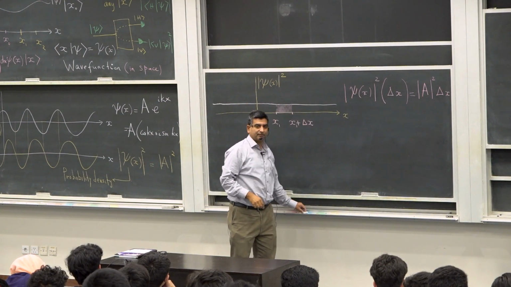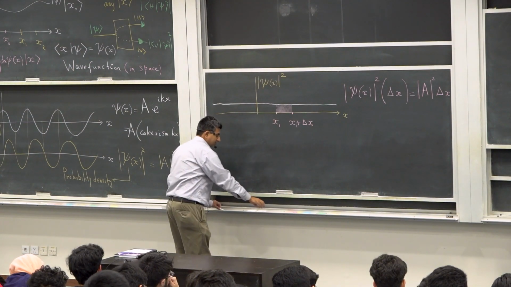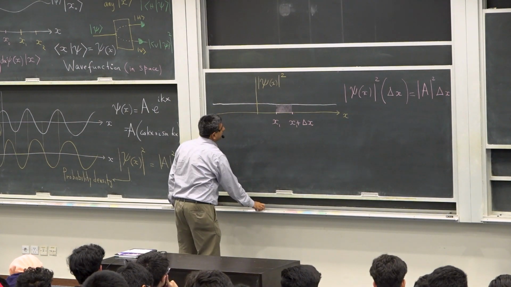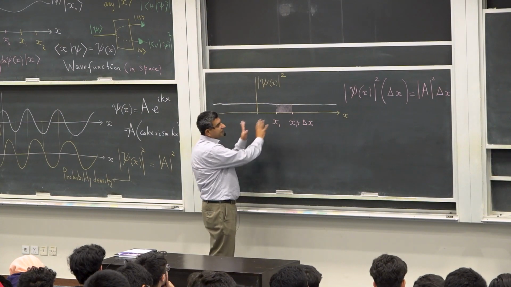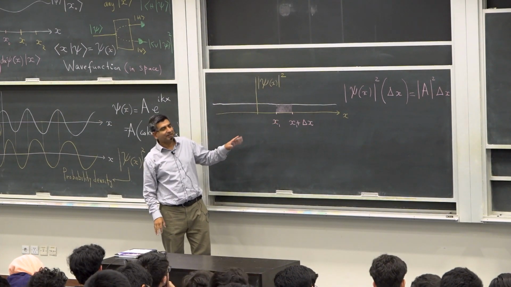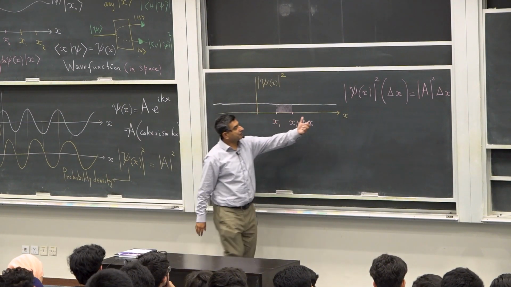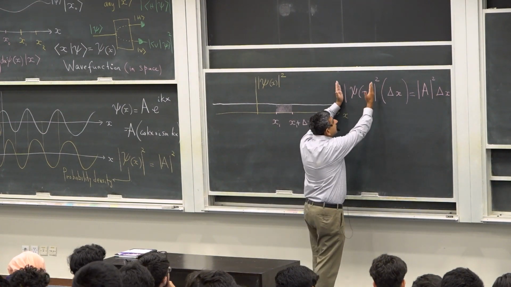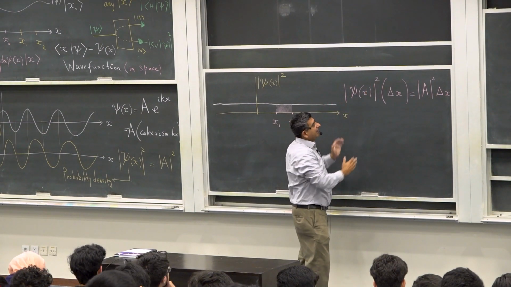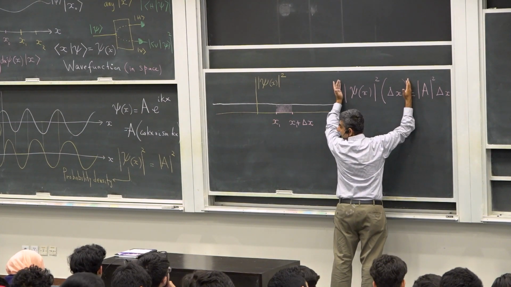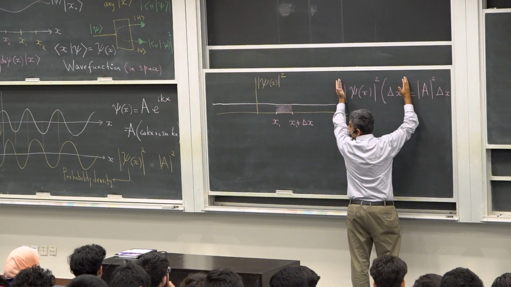If I had a wave function... alright, so let's first focus on this quantity. So A mod square or psi x square, all of this is probability, right? I'm defining this to be the probability.